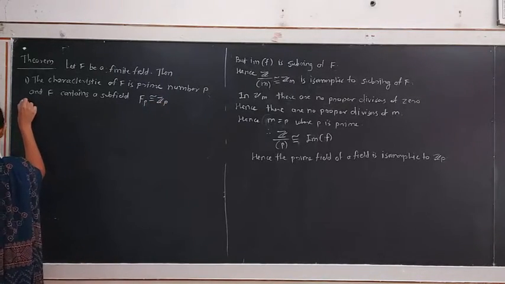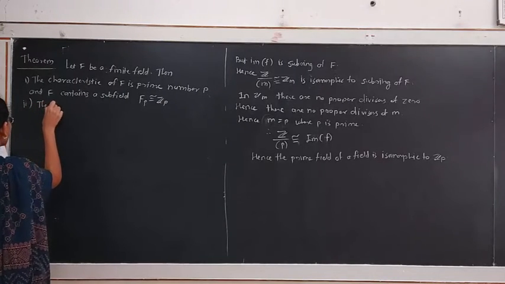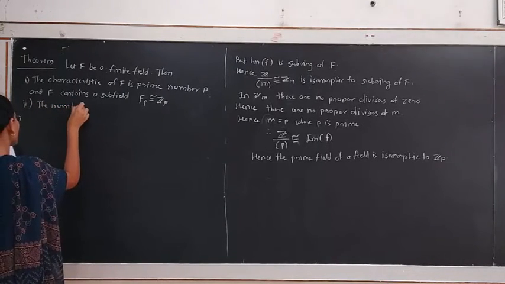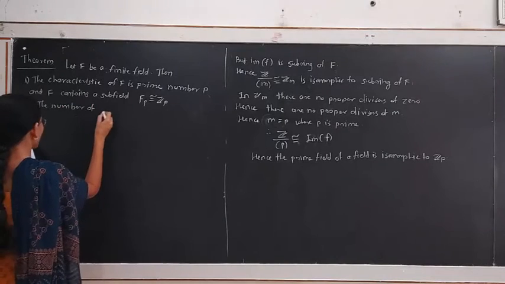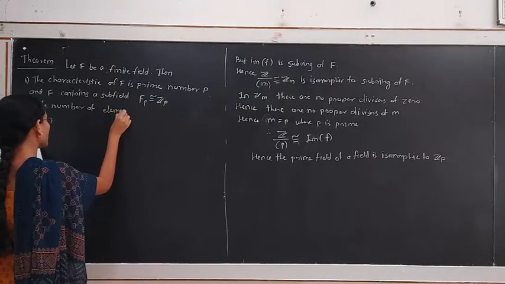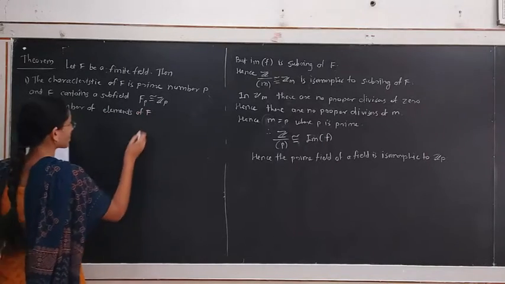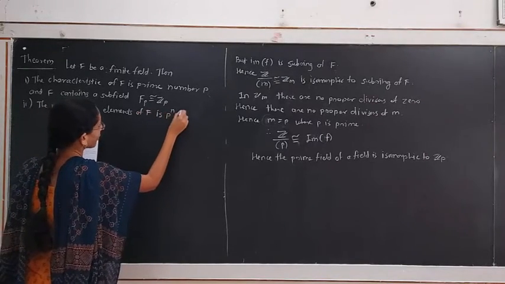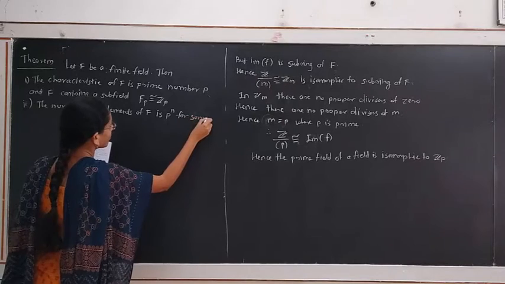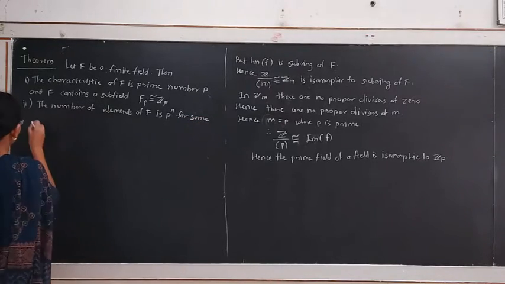Second, the number of elements of F is p raised to n for some positive integer n.